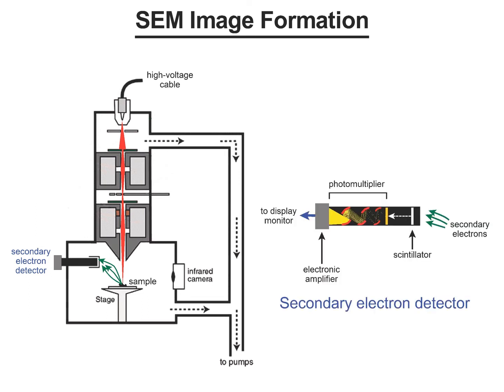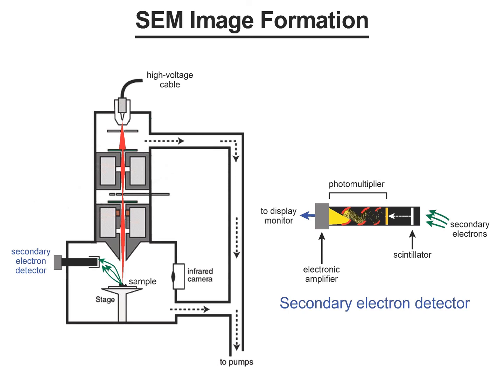Looking at the detector itself, when the secondary electrons enter, they strike the surface of what is called a scintillator. With each strike of each electron, the scintillator produces a ray of light.